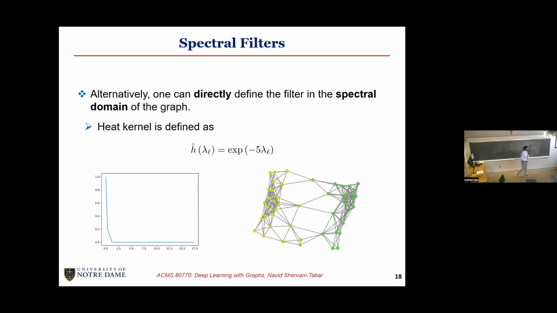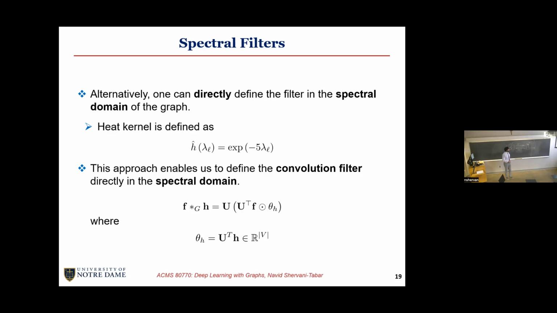So now this filter H is redefined in the spatial domain. So we can use that to learn filters. We can do that by directly writing U transpose of H as theta H. Now theta H is some parameter that we want to learn, right?